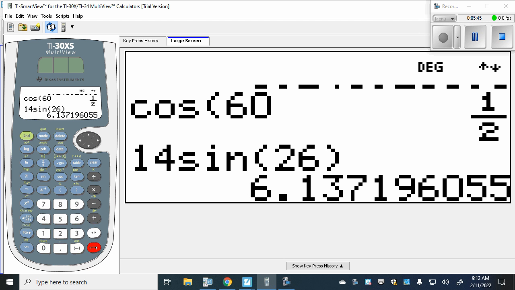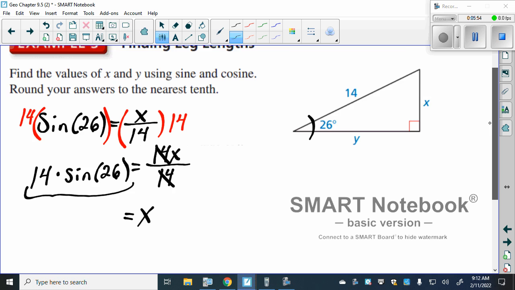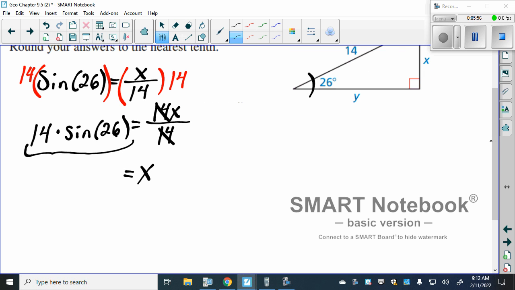And hit enter. 6.137. And if we look at the directions, it wants it to the nearest tenth. So 6.1. Because the number after 1 was a 3, so we round down.